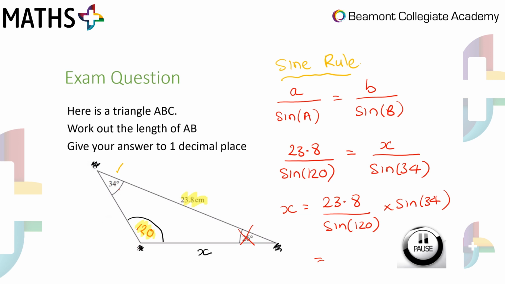And then just make sure we don't mistype anything. So my answer, 15.367. So the question asks to one decimal place, so 15.4 centimeters. Okay, so there we have it. Your answer 15.4 centimeters.